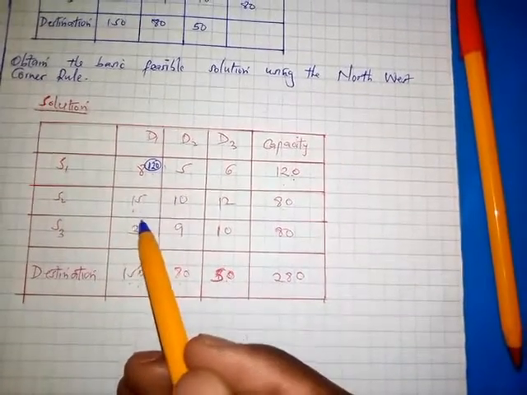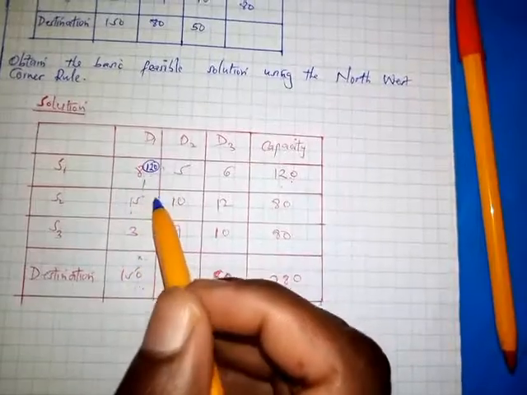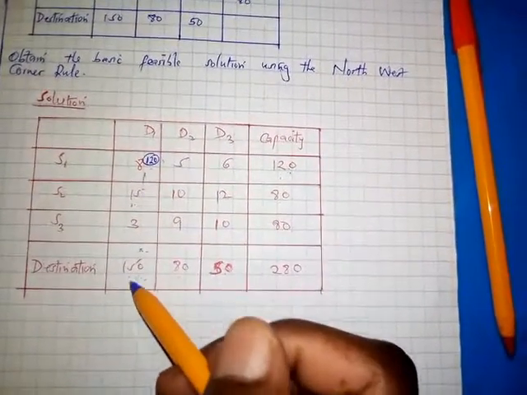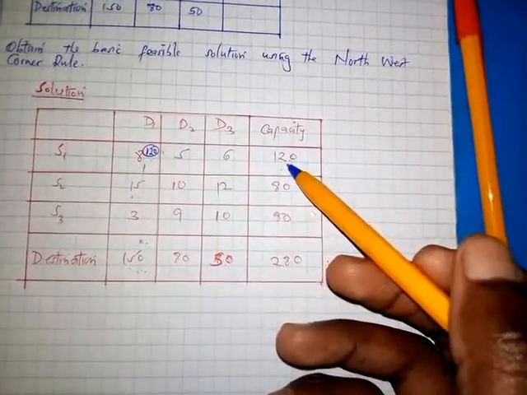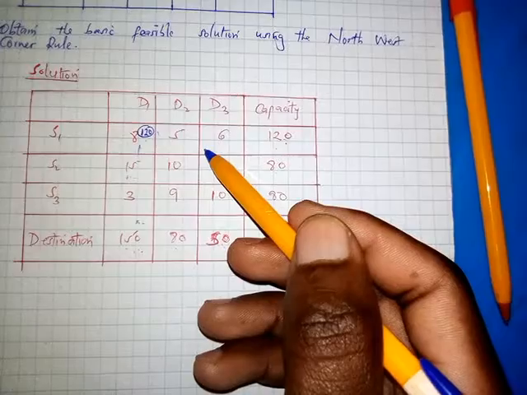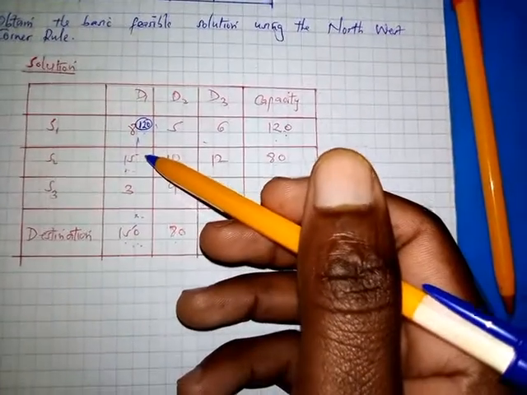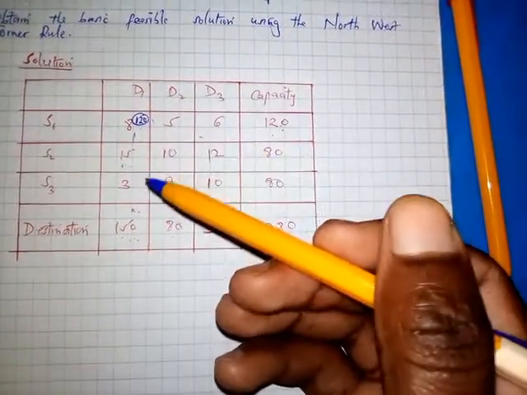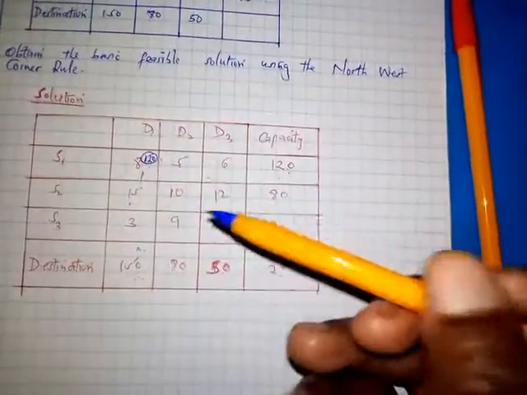Suppose the demand for the first column was what is exhausted, we would have moved to the next cell in the second column, this way.